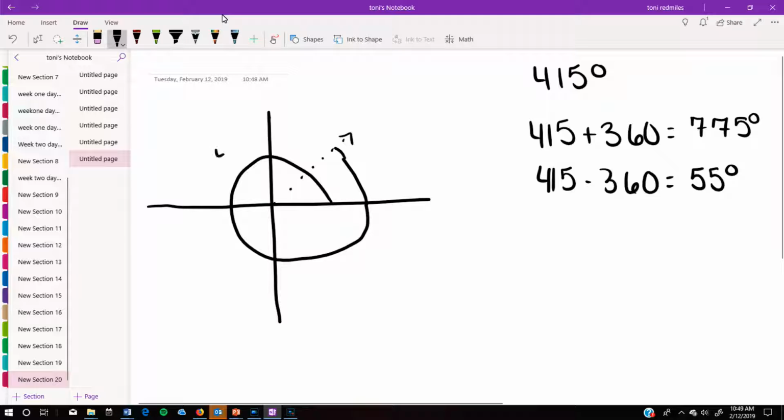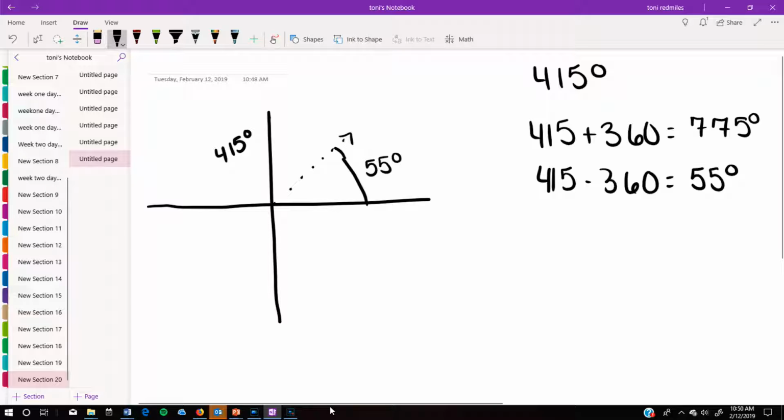This is 415 degrees, a 415 degree angle, all right? As you can see, it has a terminal side, it has an initial side. I got the two things that I need to make an angle, but I'm more than 360. If I were to erase and just have the smaller angle, that would be 55 degrees.